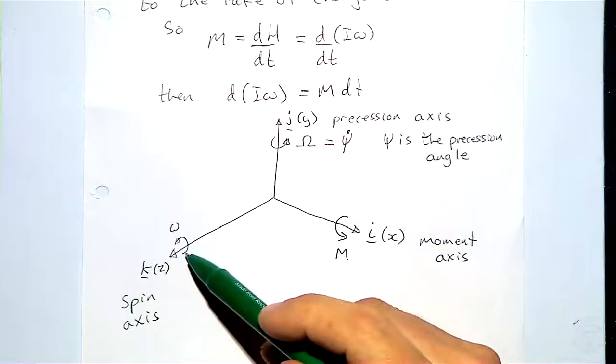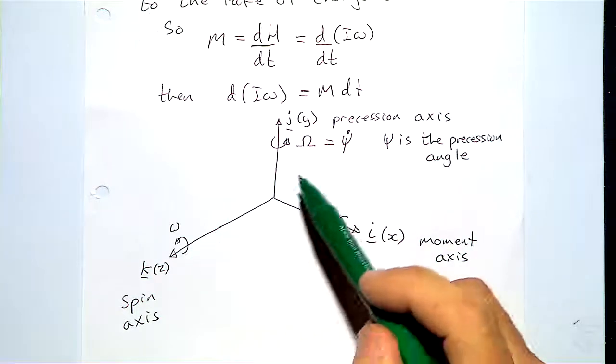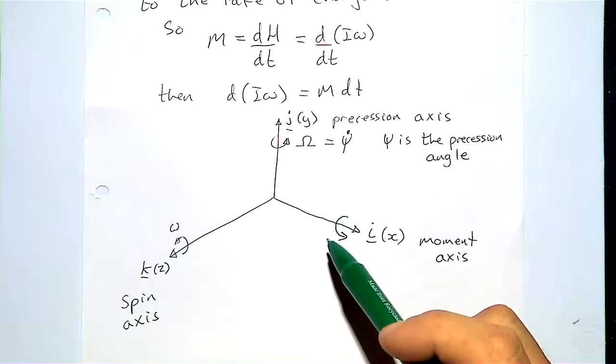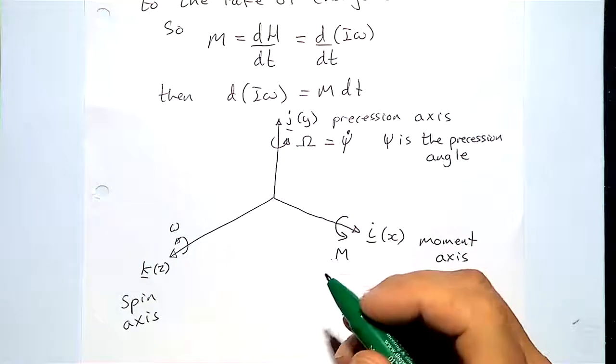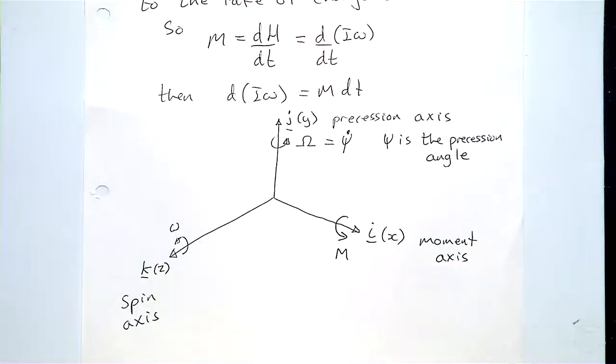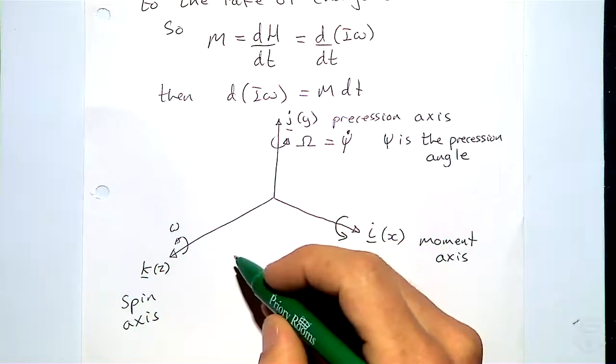One is the spin, or the rotation of the gyroscope, one is the precession, and one is the moment. So in terms of our I omega, let's think about what's happening.